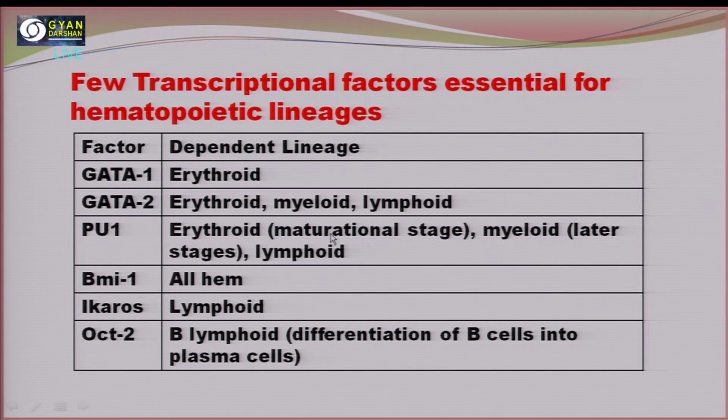PU.1 acts in erythroid maturation, the later stage of myeloid, and lymphoid. So it is another very important factor. BMI1 is also very important. These factors are growth factors, and they will maintain the cells, or ultimately they will differentiate into the different lineages. And Ikaros is very important for the lymphoid lineage. Oct-2 acts in the B lymphocyte, in the differentiation of the B cell into the plasma cell.